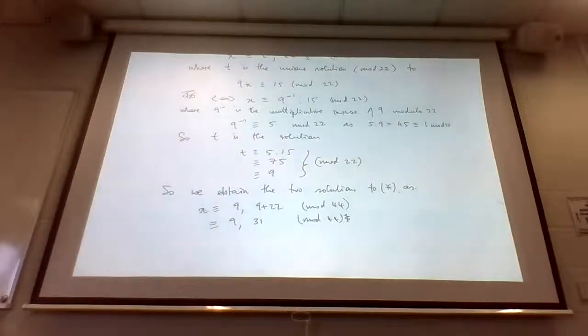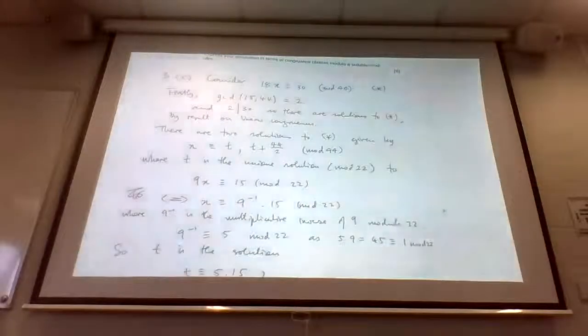So, use the Chinese remainder theorem to describe all the solutions of the congruence in part C which also satisfy that x is congruent to 5 modulo 59.